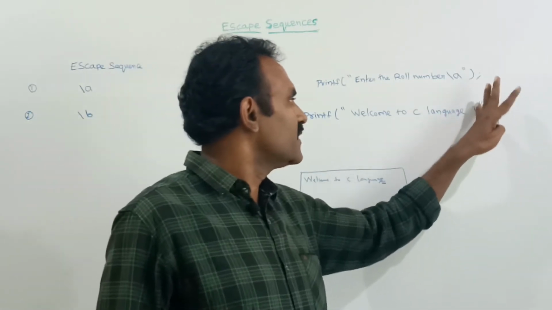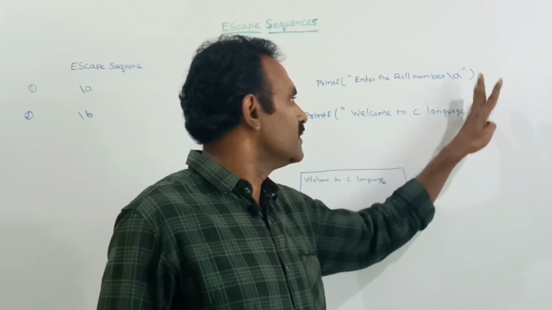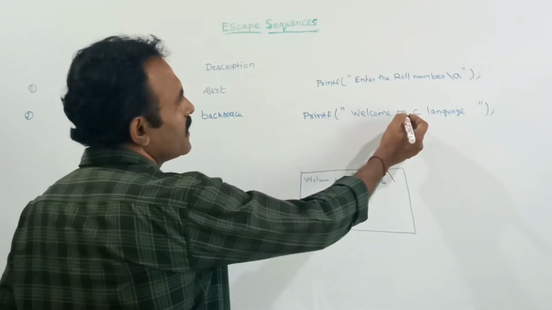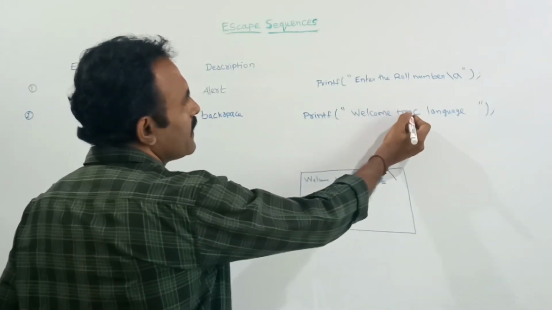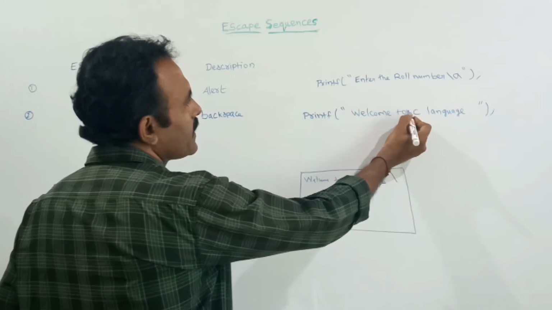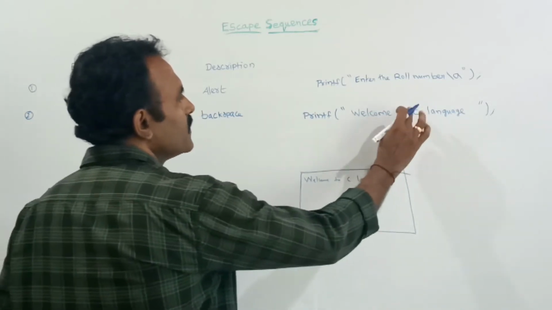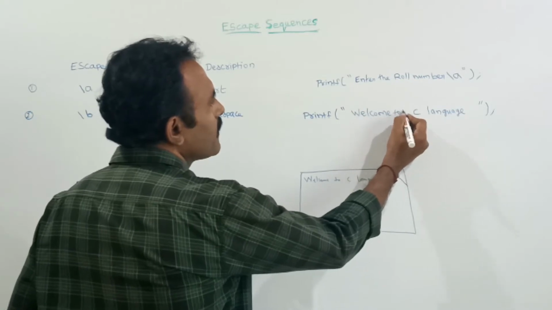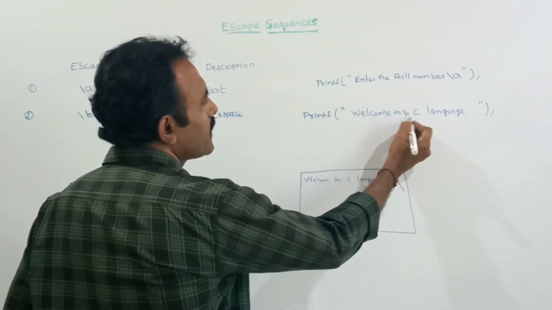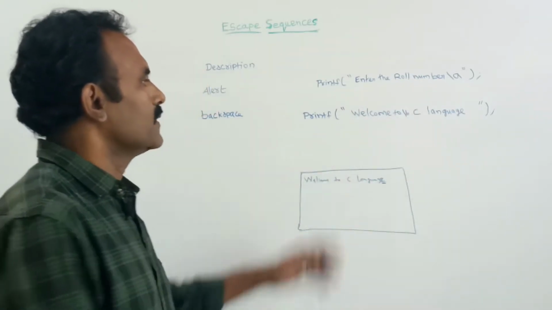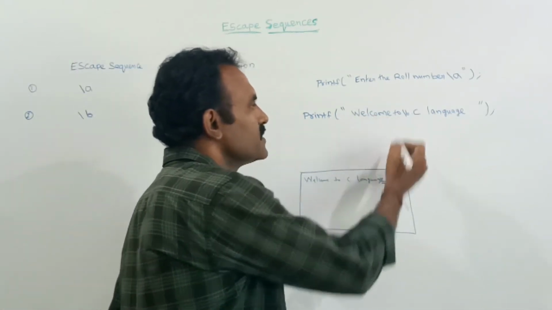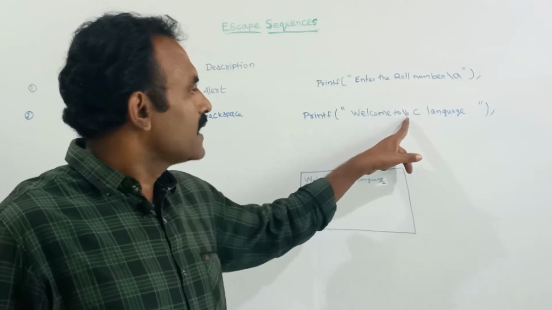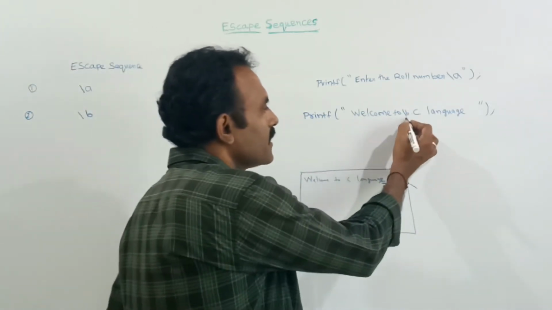Suppose you are using the \b in the middle. It will remove the character one step back from the current position. Say, welcome to \b, this is the current position.